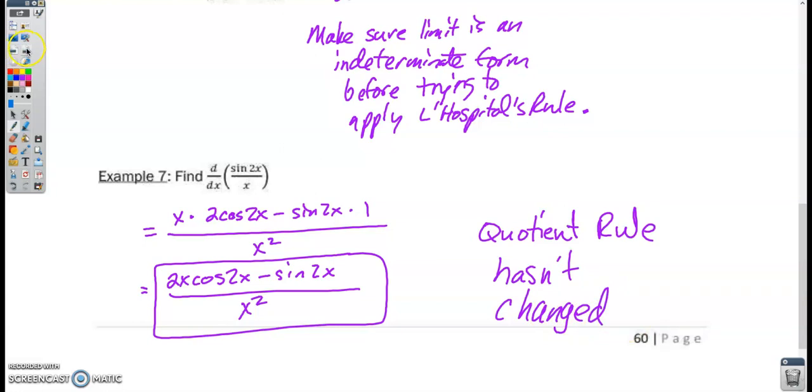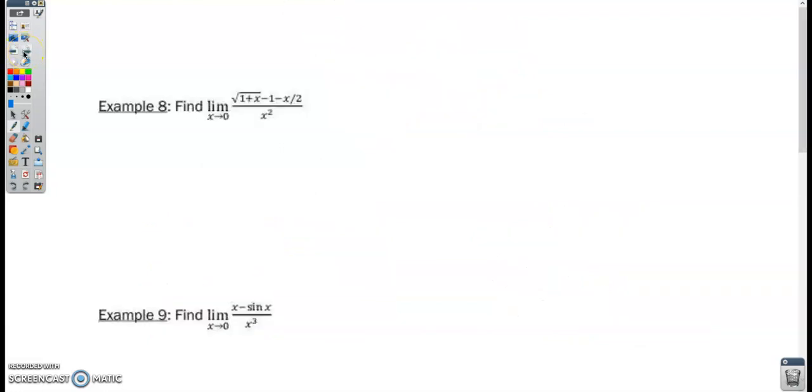All right, keep plugging. Example 8. I'm going to try and get through all of these in one lesson. If I substitute 0 in here, I get 1 minus 1 minus 0. That's 0. This is a 0 over 0 indeterminate form. So I'm going to take the derivative of the numerator and the derivative of the denominator here.